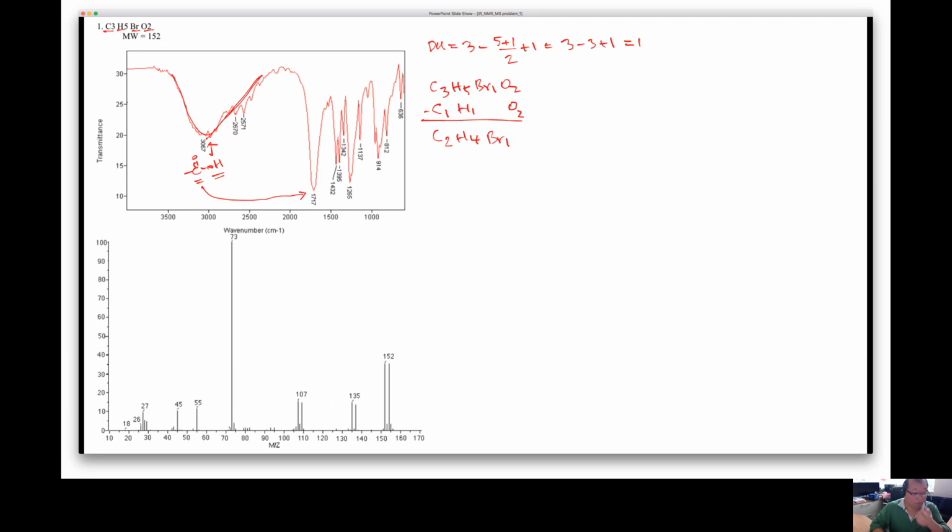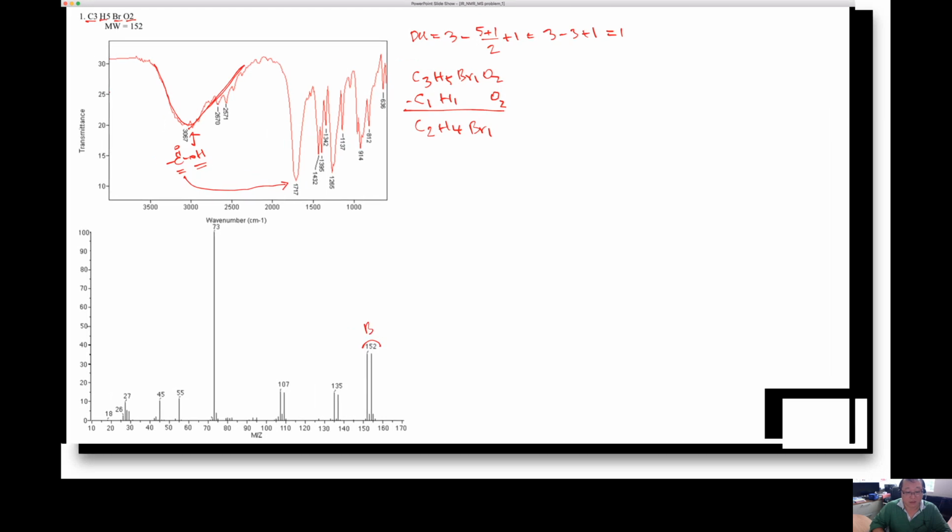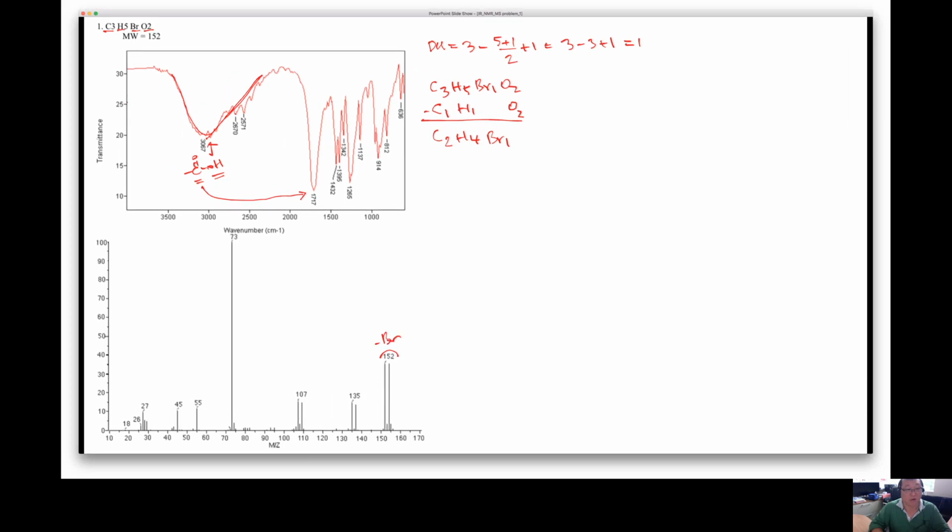We didn't cover the mass spec, but these two peaks only 2 mass units apart are a clear indication of a bromine there. But our molecular formula already shows the bromine, so this is not very useful information right now. So what could the C2H4 be?